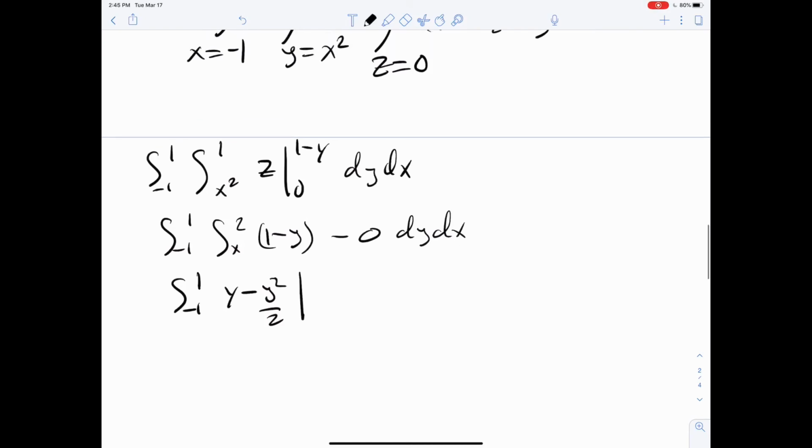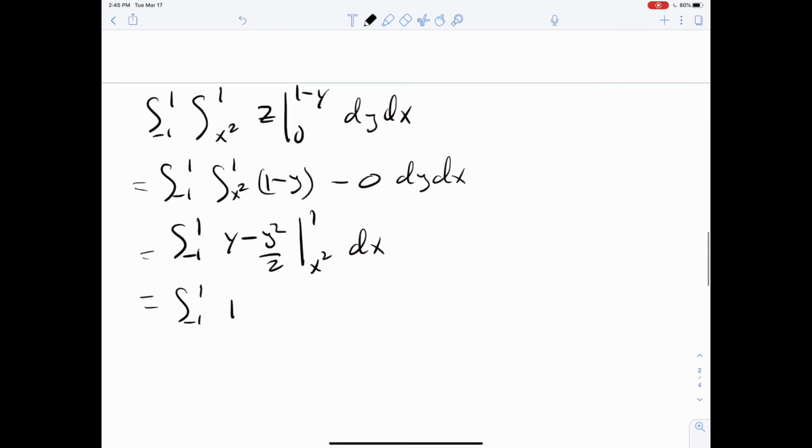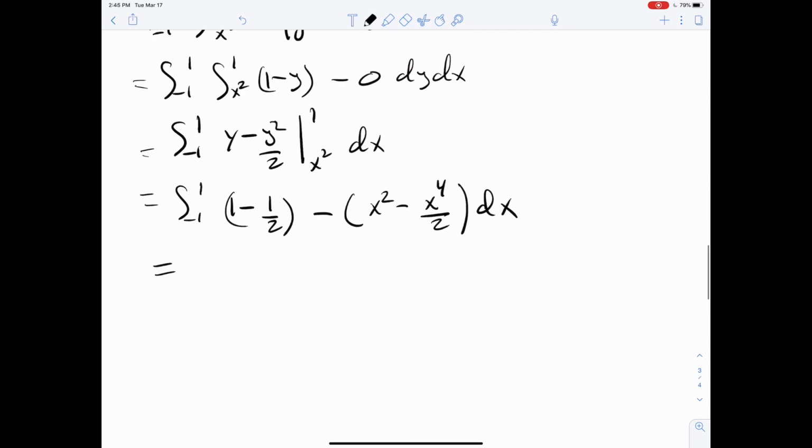I must have mistyped something down here. This is supposed to be from x squared to 1, dx. So that's going to make 1 minus 1 over 2 minus x squared squared over 2, dx.